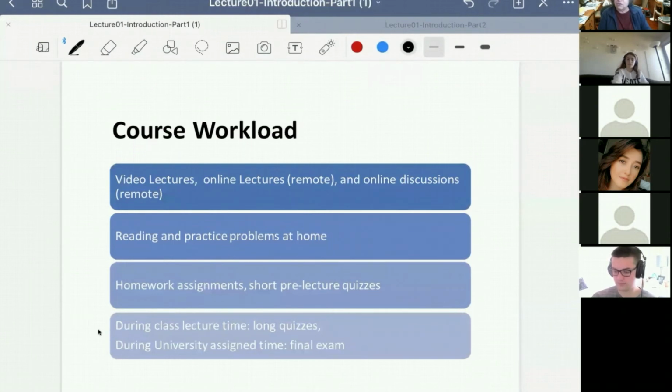And during the university assigned time, there's a final. Now that sounds huge, but the reality is the short pre-lecture problem sets and the homeworks are quite reasonable to do within the scope of out of class time.